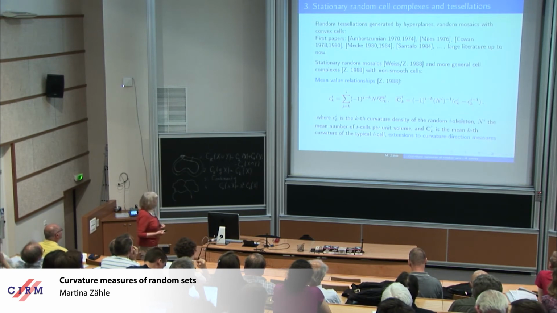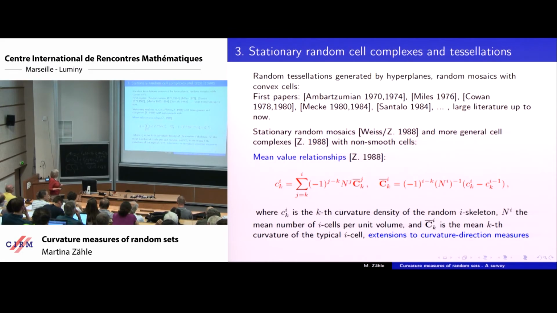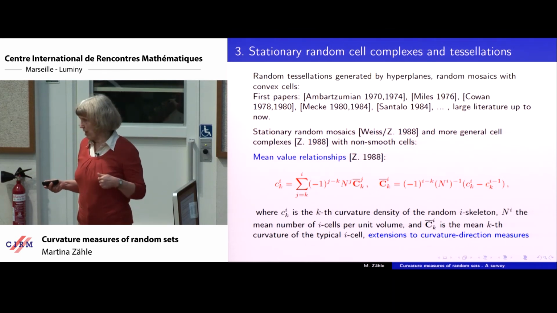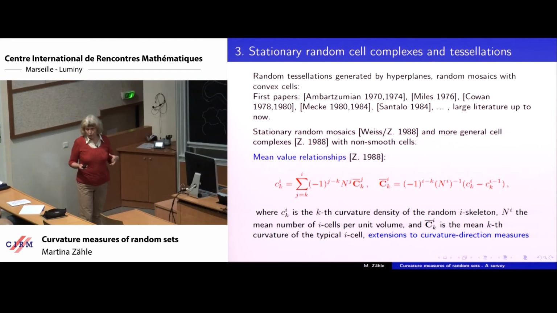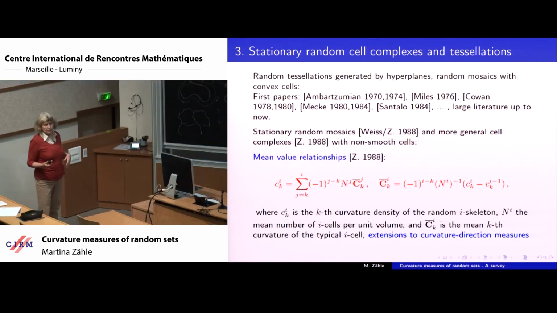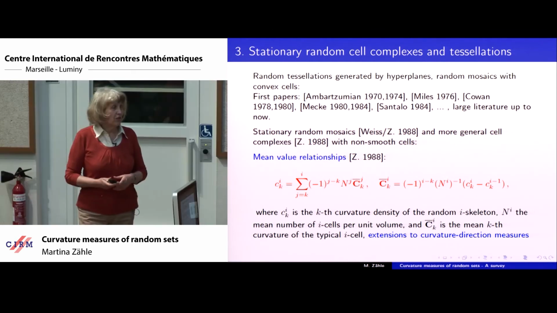We started to work on this together with Viola Weiss, and the first paper appeared in 1988, and we considered stationary random mosaics whose cells were of positive reach. If the cells are submanifolds of positive reach, then it turns out that these are at least Lipschitz manifolds, but one can see also more general cells, and this remains valid. Later on, I studied, this appeared in the same year, but the historical order was different. We started with Viola, and then came the arbitrary cell complexes.